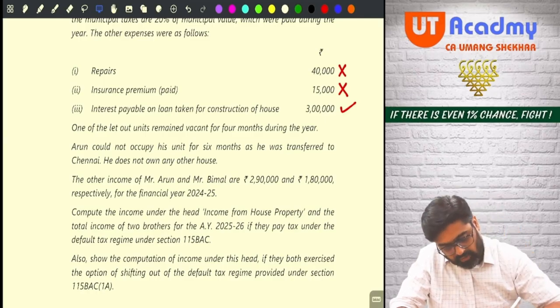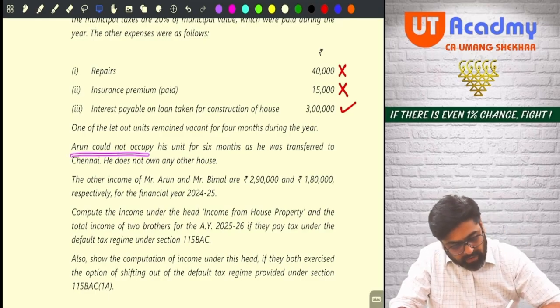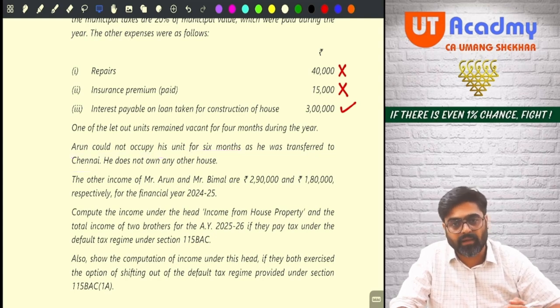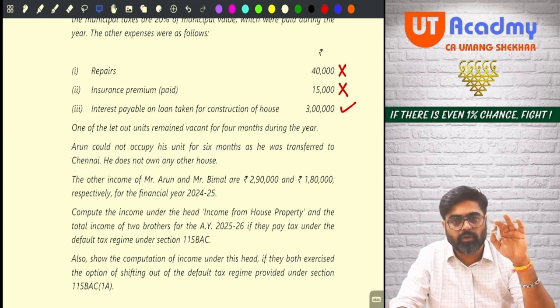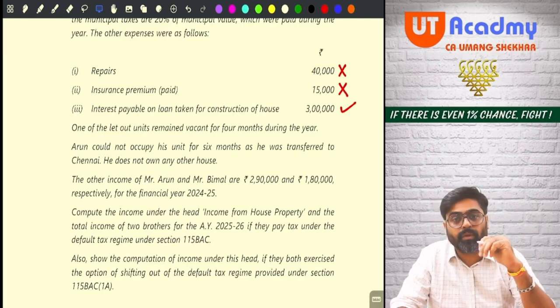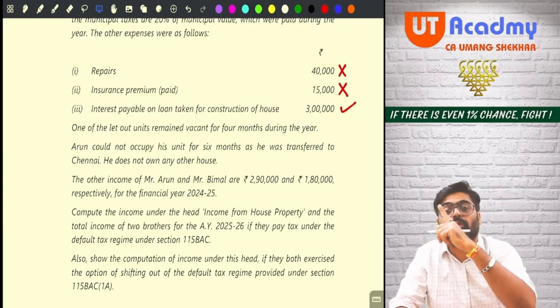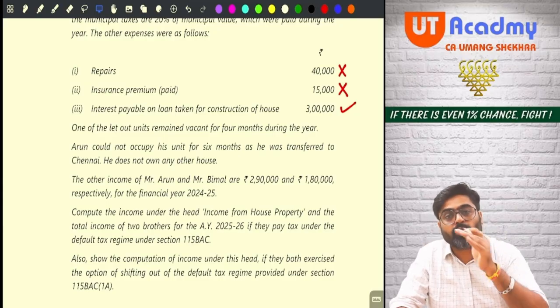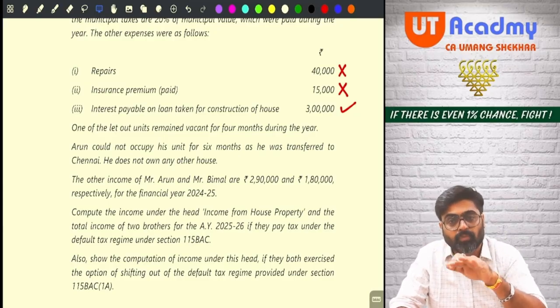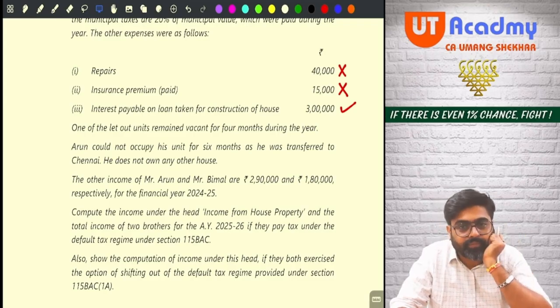Okay. Next one. Arun could not occupy his unit for 6 months as he was transferred to Chennai. They are saying that out of the 2 units used as SOP by Arun and Bimal, Arun's SOP unit, Arun could not occupy for 6 months because he was transferred to some other place. That means for those 6 months, his property was vacant only.